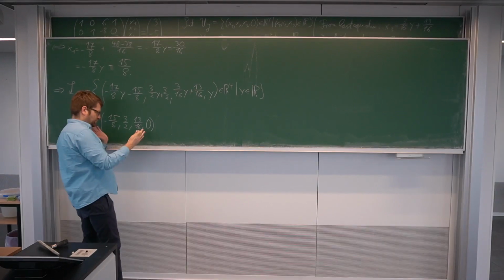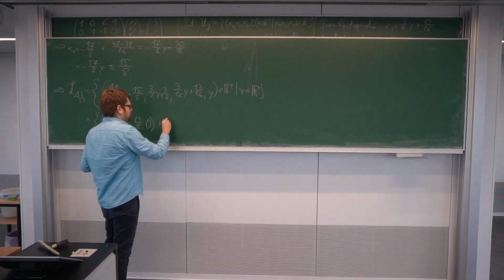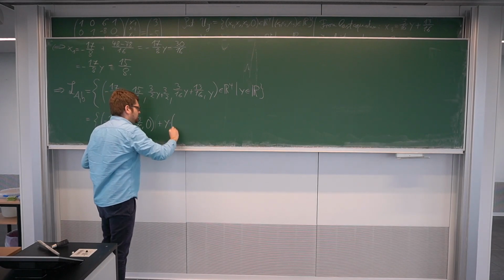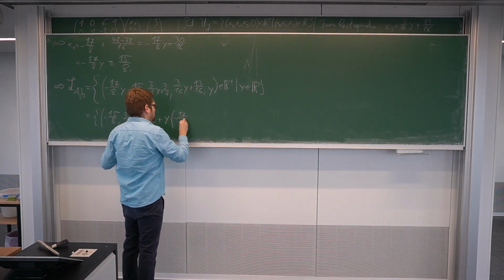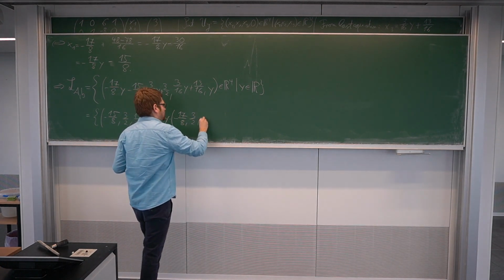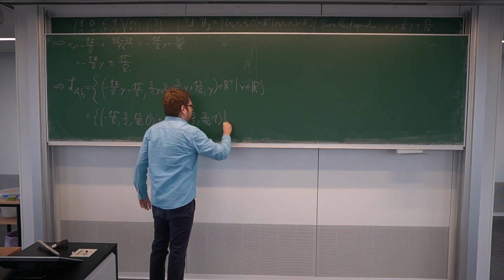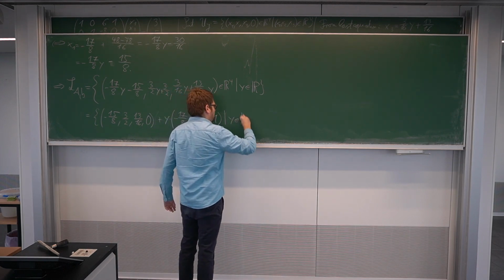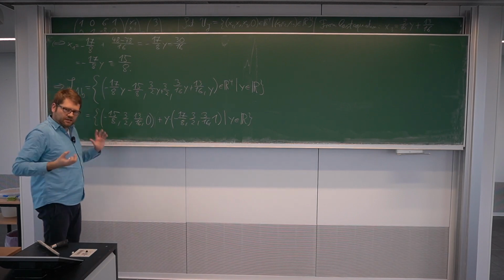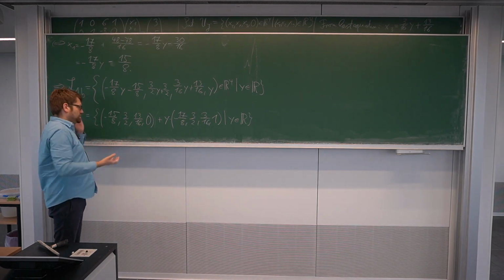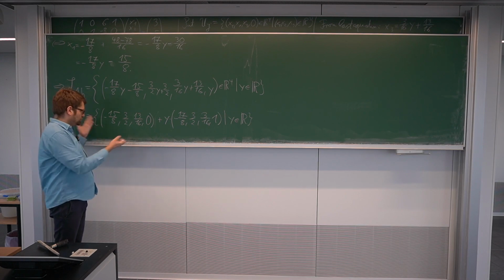So this is an element of uj. This is kind of in line with what we've shown so far. And this is the same plus y times minus 17 over 8, 3 over 2, 3 over 16, and 1, for all y in R. So here we can now see this is the solution of the linear system, which was an element of this uj, which is kind of what we did in the proof to construct this uniquely.